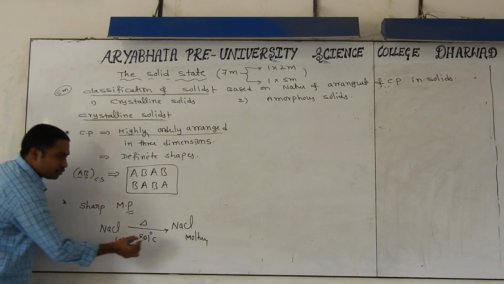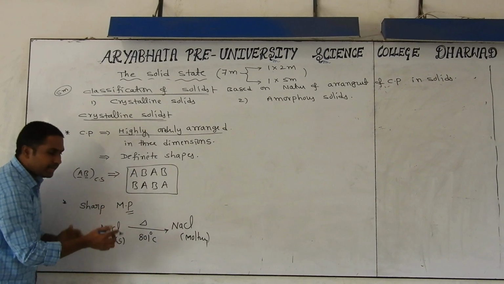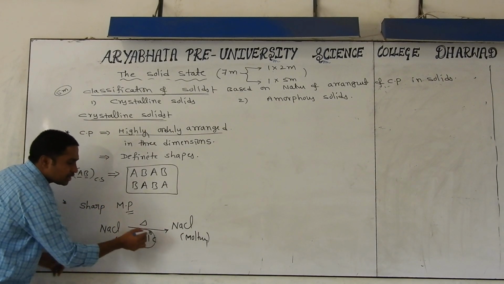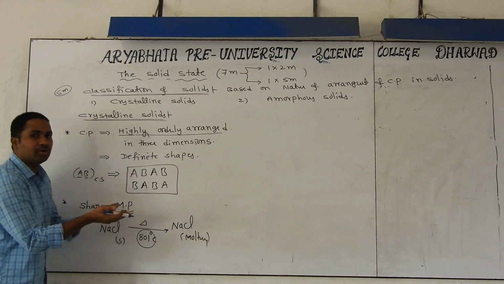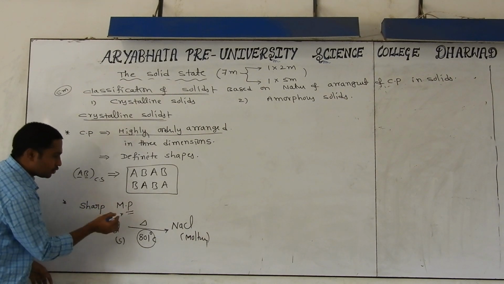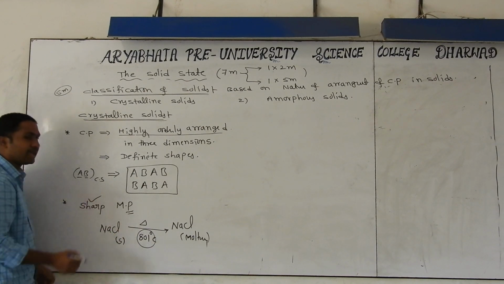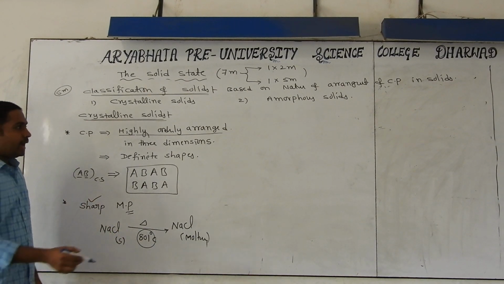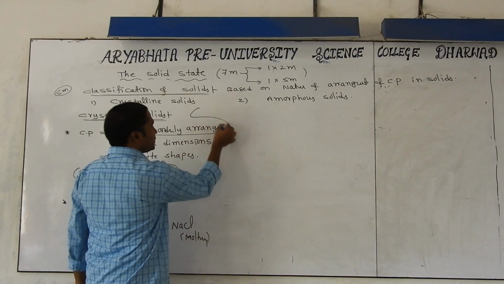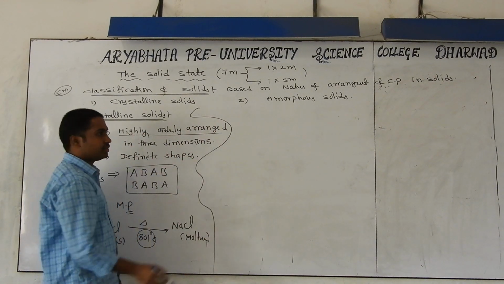Means if you keep on heating a solid, at a particular temperature it suddenly converts into a molten phase. Such a temperature is called the melting point. It is at an exact point, that's why we call it sharp. Later we will discuss some other factors.